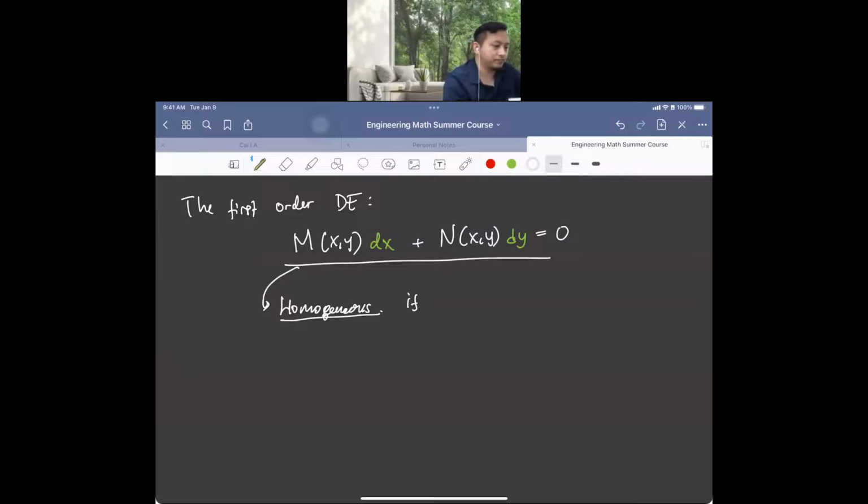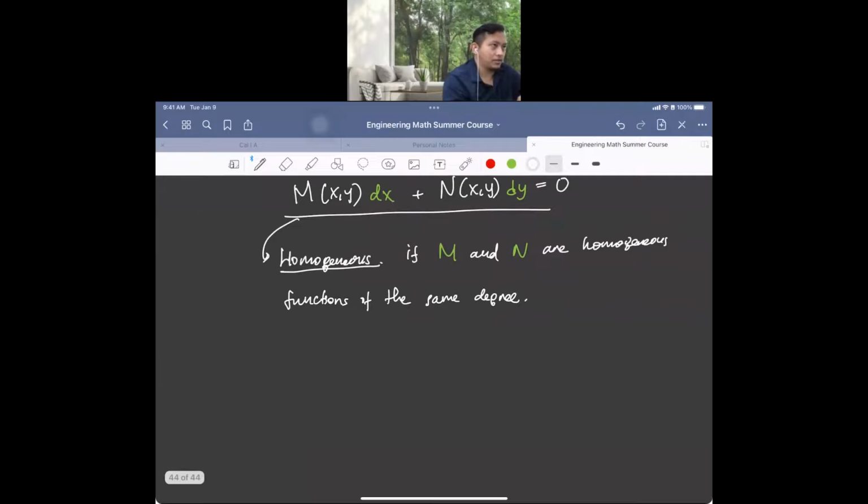if M and N are homogeneous functions of the same degree, or we can take this in terms of tx, ty to describe the degree.